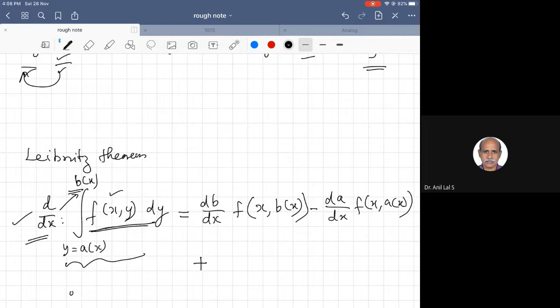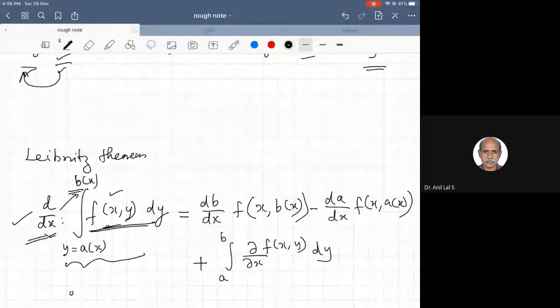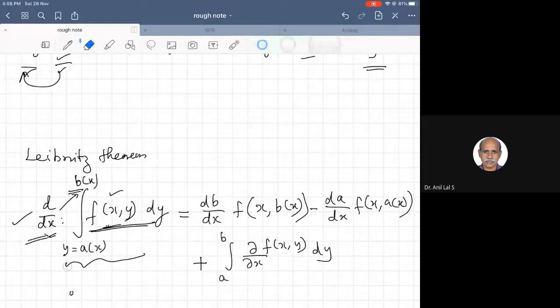Plus, the integration is there from a to b, and the differentiation we are doing with respect to x. This is a function of x and y, so the differentiation is dou by dou x of f of x, y. So this is called the Leibniz theorem, and its mathematical proof is also possible.